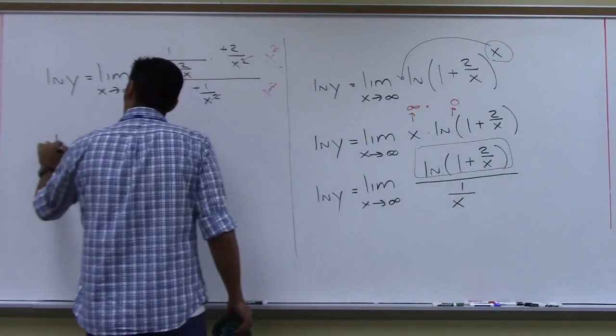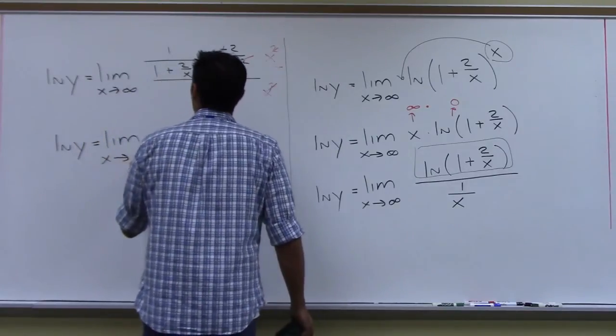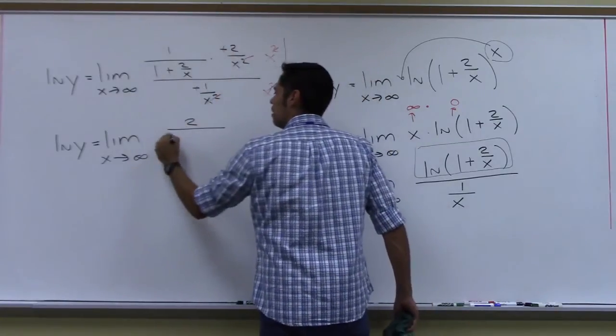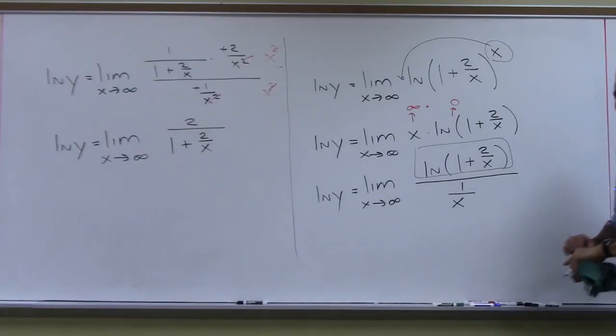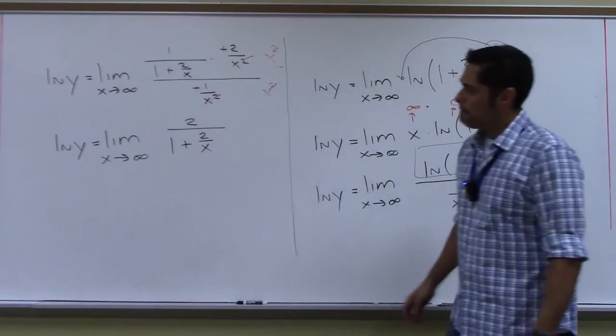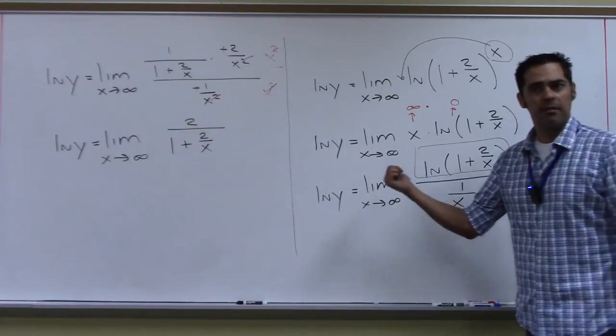So you have natural log y equals limit x goes to infinity of 2, which is this 2 being moved up here, over 1 plus 2 over x. And then now let x go to infinity, and what do you get? Two. You get 2 on the right side.